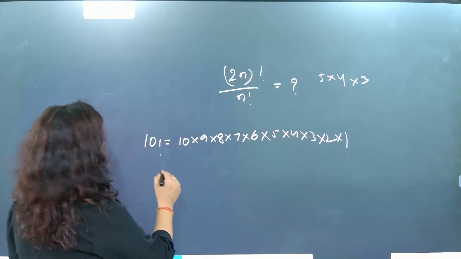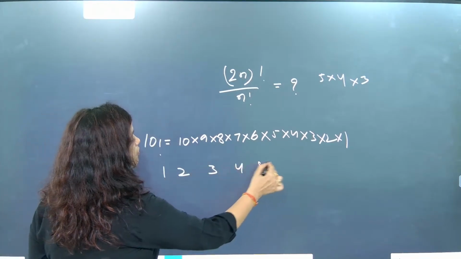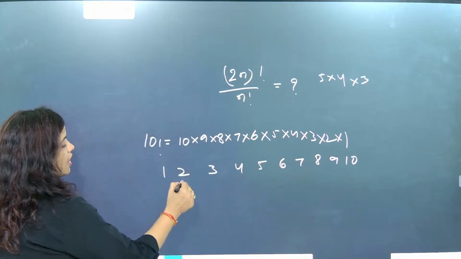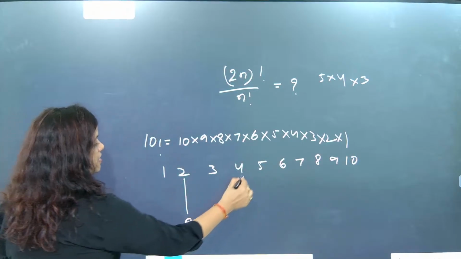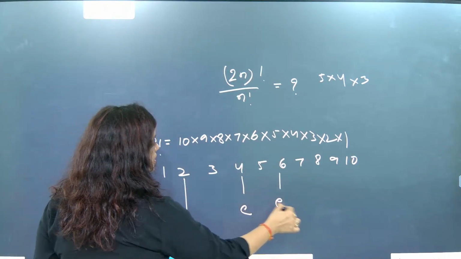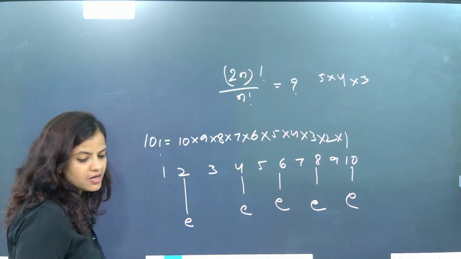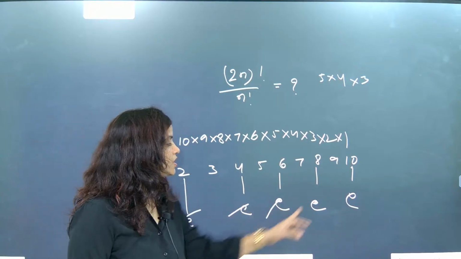When you are writing 1, 2, 3, 4, 5, 6, 7, 8, 9, 10, in 1 to 10, how many even numbers are there? Count how many even numbers are there. 1, 2, 3, 4, 5.